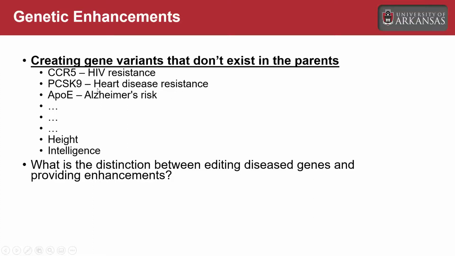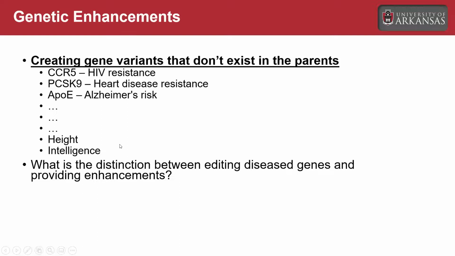There is a risk allele where if you have both copies of the risk allele, you're 95% likely to develop Alzheimer's. And there are 3 versions: there's the middle case one, and then there's the protective one. With that one, you are much less likely to develop Alzheimer's. But then you kind of get into this gray area, and then you emerge from the gray area into height and intelligence.